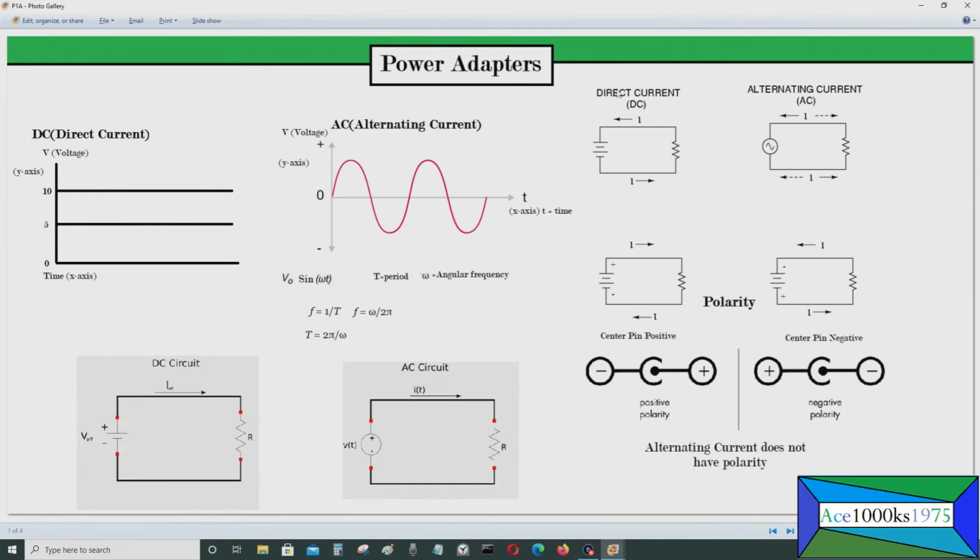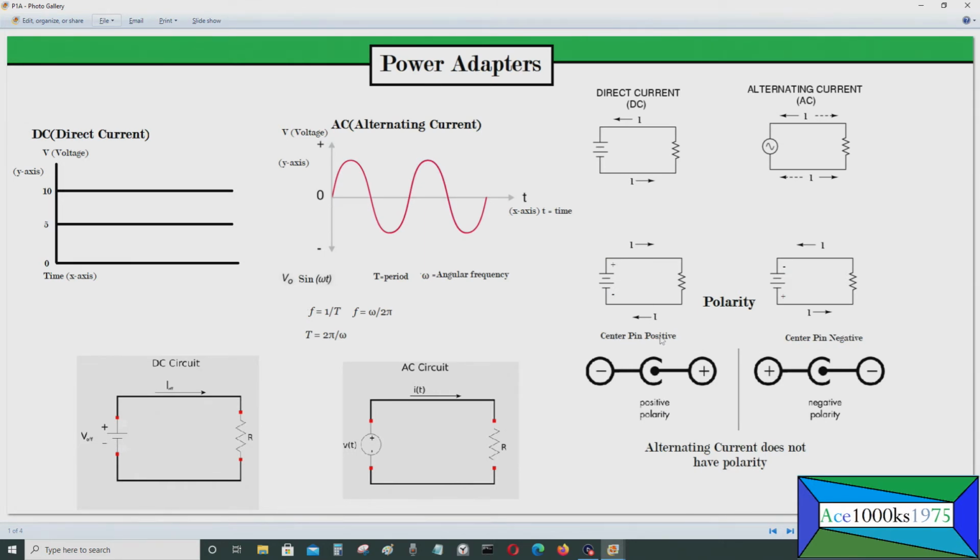So this is a direct current. The current goes just one direction, and like I said, this is the symbol for alternating current. It looks like a sinusoidal wave, like this, basically. And this is the alternating current symbol and the direct current symbol. And this is polarity, which is basically from positive to negative.